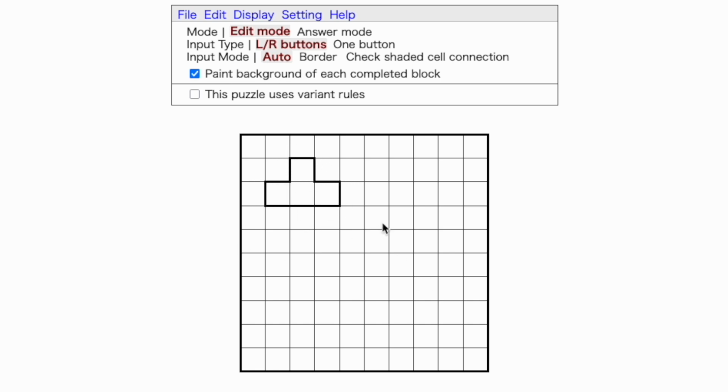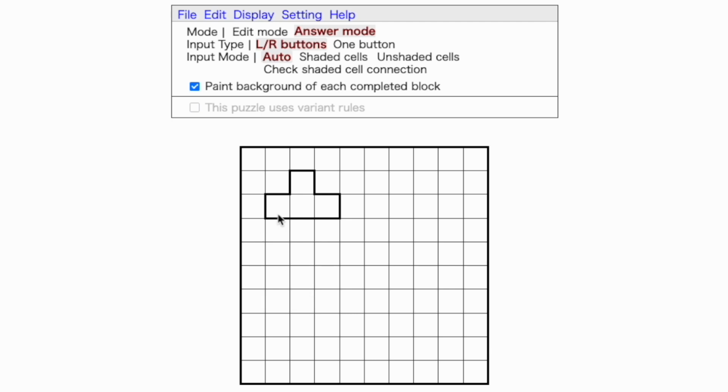So by making a region that only has 4 cells in it, the answer is going to definitely include all of the cells in there. And that also gives us a couple 2x2s we can unshade right away.